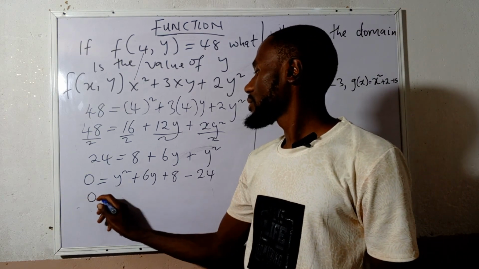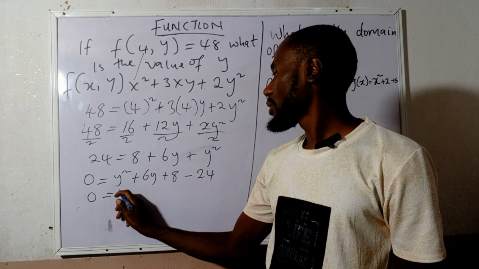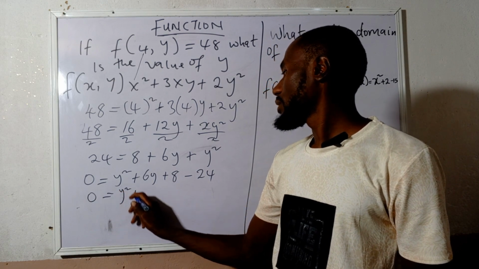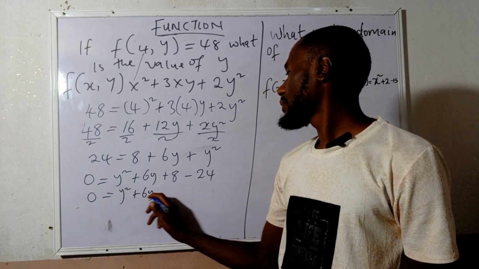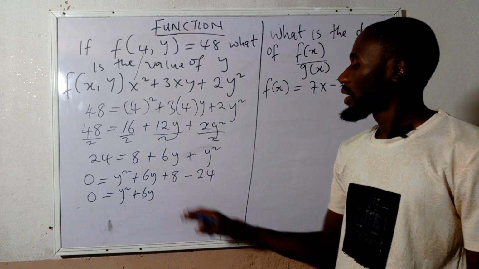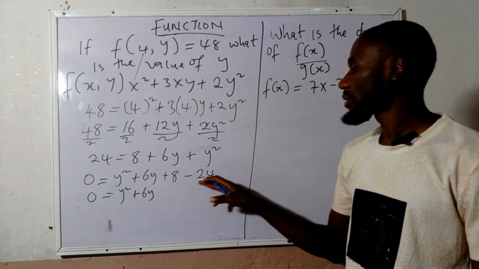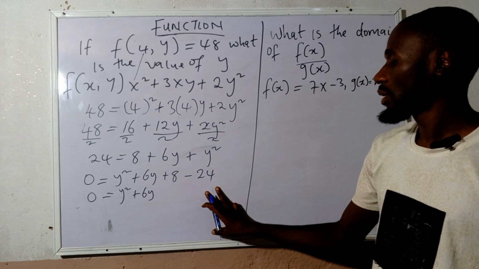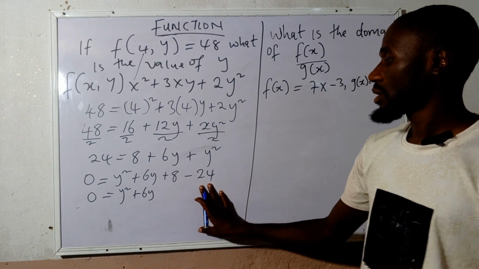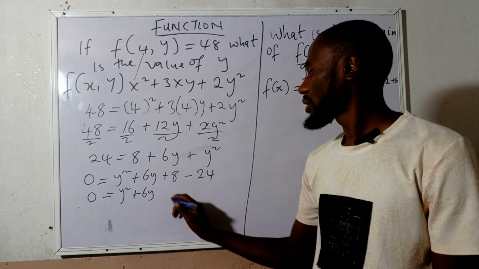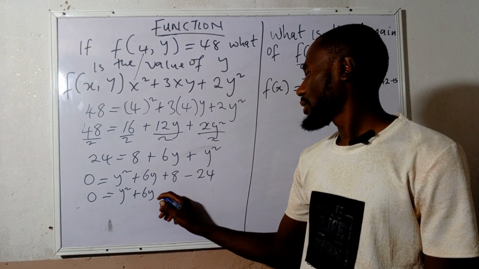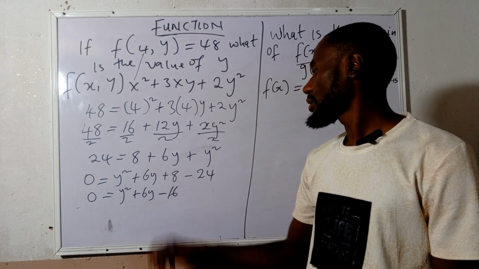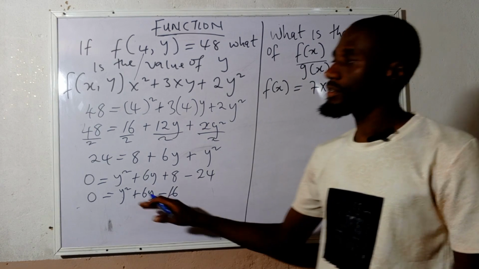This is 0 is equal to y squared plus 6y. We have 8 minus 24, which is equal to minus 16.